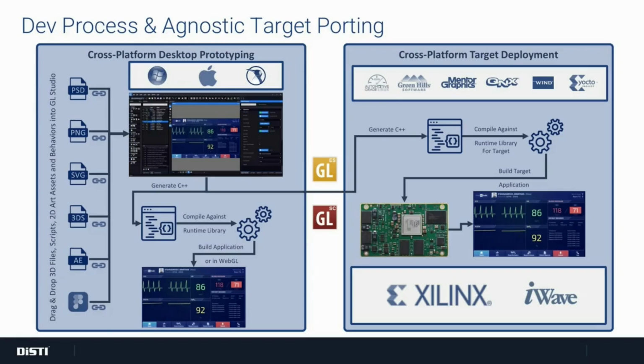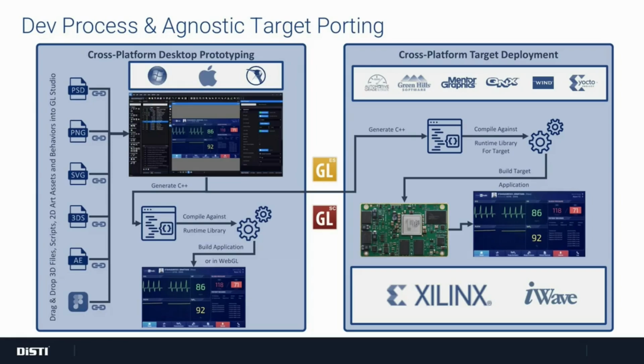So if we look at our workflow here on the prototyping side for desktop, the same code that's being generated for your desktop application, you can use either our ES or SC code generator and then compile that to a different runtime library that is specific to your target system.